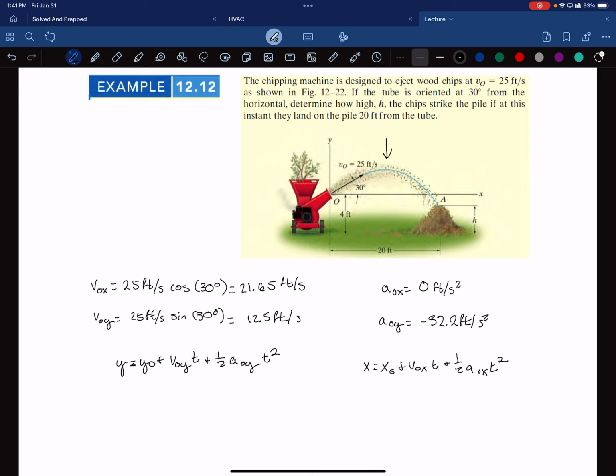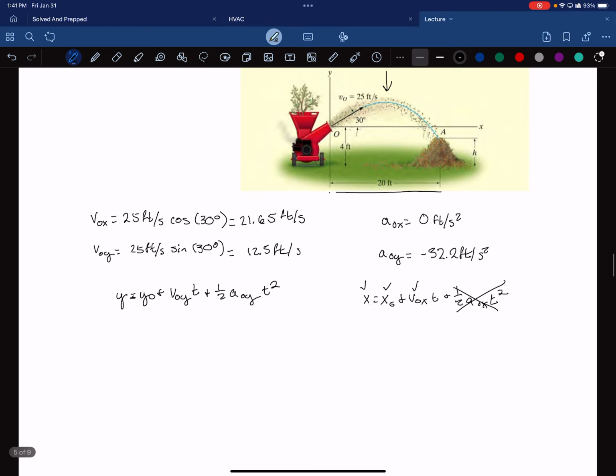So same equation, just in the x direction. We know the velocity, we know our starting distance, which is 0. We also know the distance that it's traveling, which is 20 feet, we're told down here. And this term goes away because there's no acceleration. So we have everything but time, so let's solve for time.